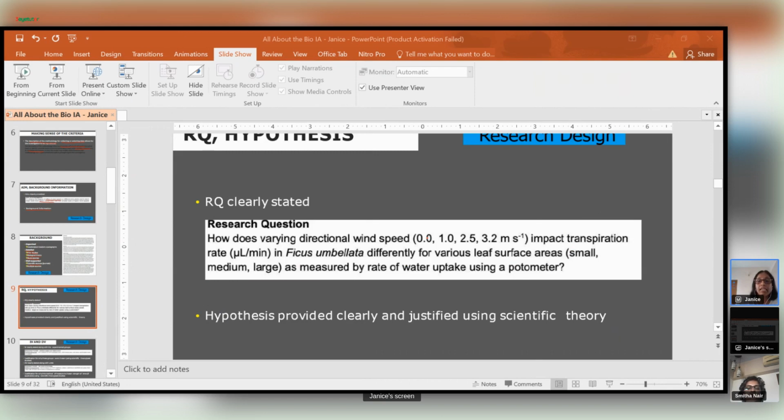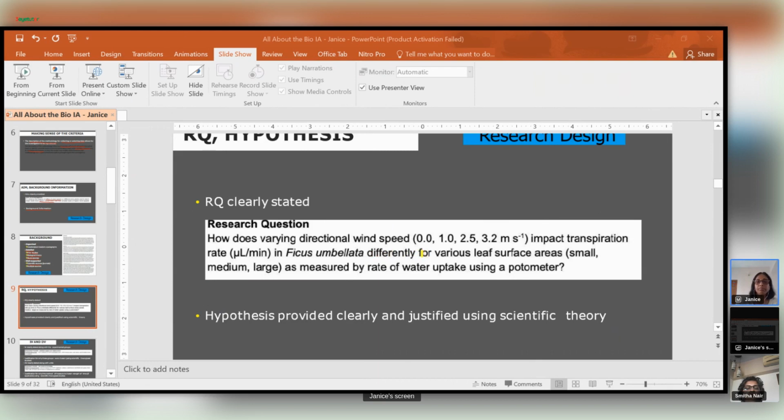So my independent variable is the wind speed. I will just highlight it so that it is very clear. Wind speed is my independent variable, and the transpiration rate will be the dependent variable.